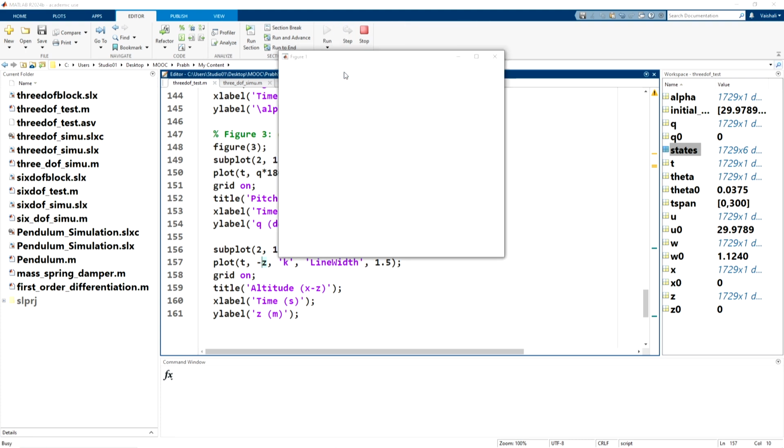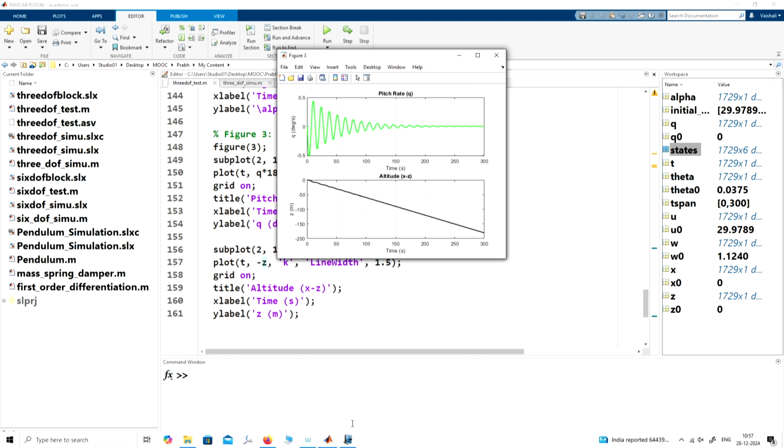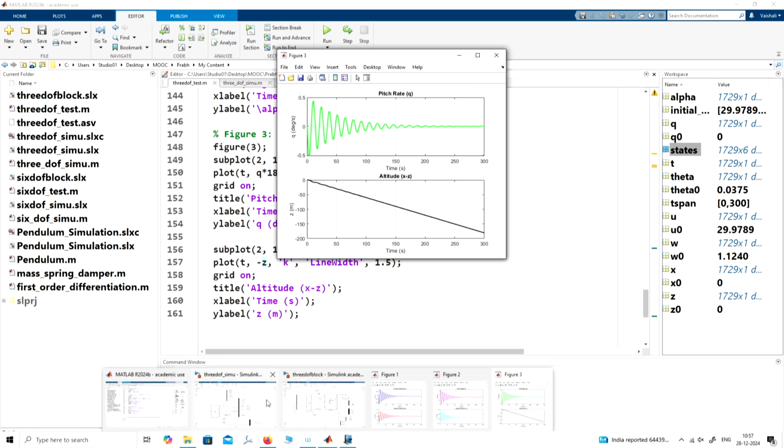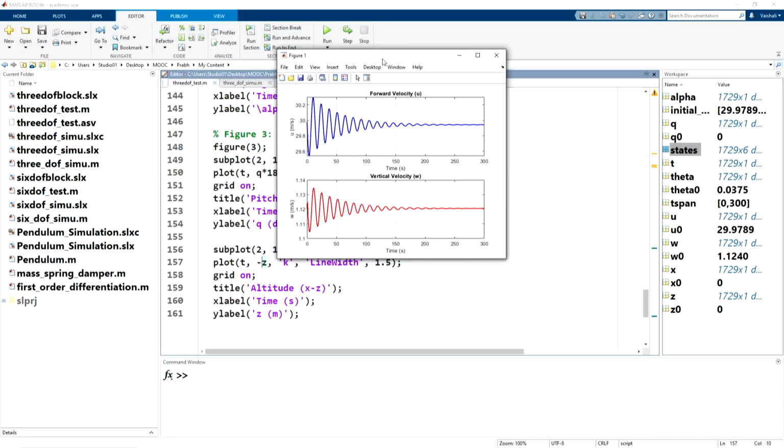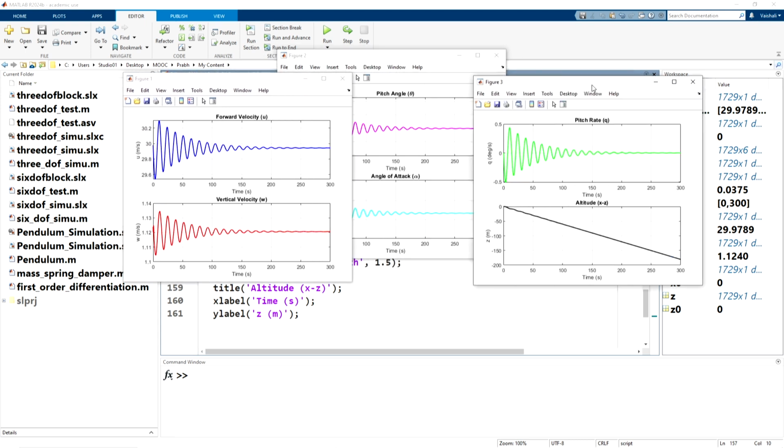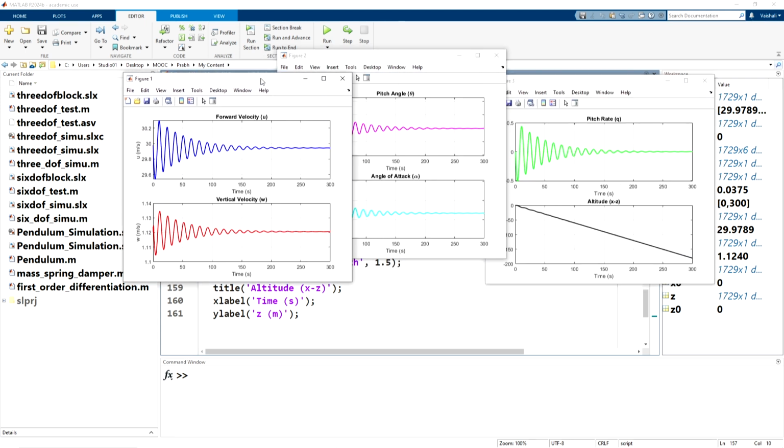Now let us see what we have got. So this is figure 1. In figure 1 we have U and W. So with the alpha trim and delta E trim, U velocity remained still over there. It is constant at around 30 meters per second.